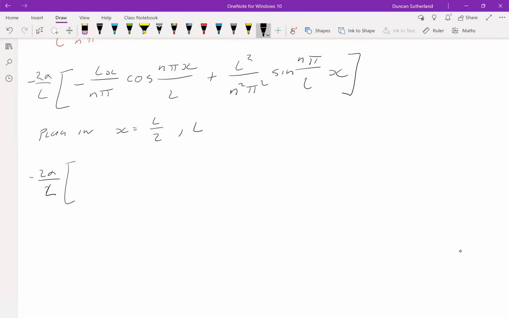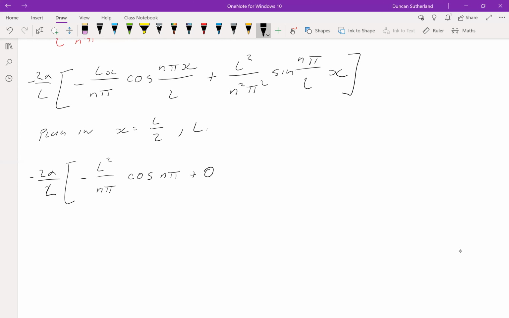When I plug in L over 2 in here, oh, so I want to plug in L, right? My top limit is L. So plug in L squared on n pi, like that. Then I'm going to get cosine n pi. When I plug in my top limit L into here, I'm going to get 0 because I'm going to get sine of n pi.